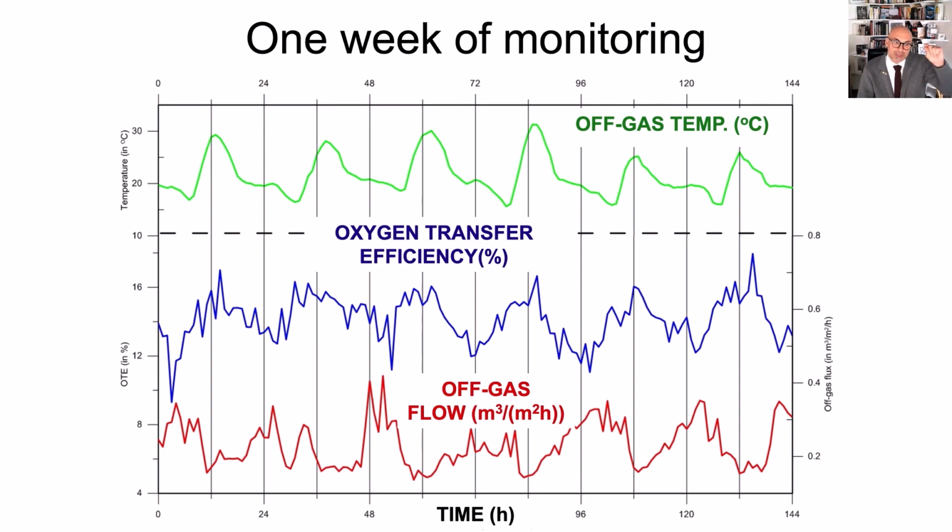It's maximum at certain hours and minimum at other hours. And the oxygen transfer efficiency is always minimum when you have more off-gas flow. You're putting more air into the water. Why do you put more air into the water? Because there is more load. If there is more load, the controller tells the blower house we need more air because the DO goes down. And you need more air because there's more contamination. That's why the DO is going down.